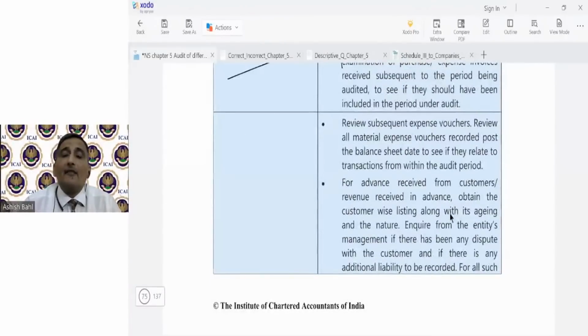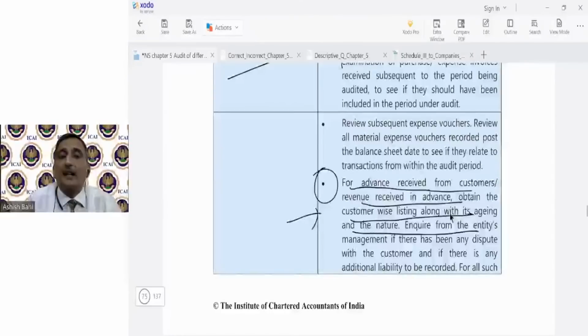So again, if some advances have been received from customers, students, then these are reflected in the current liabilities.